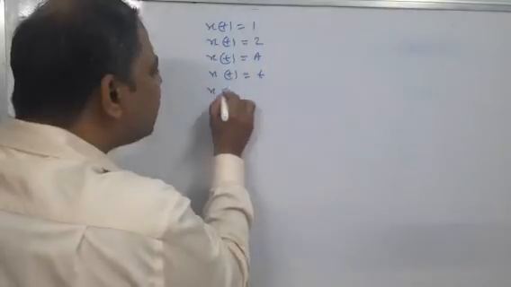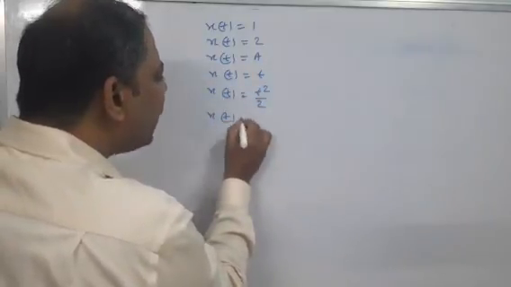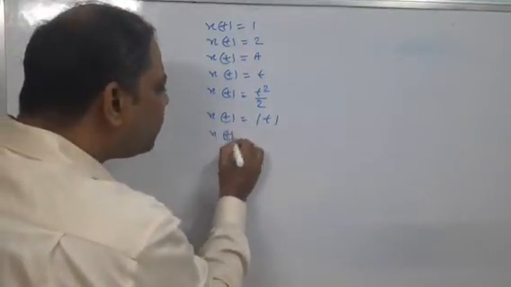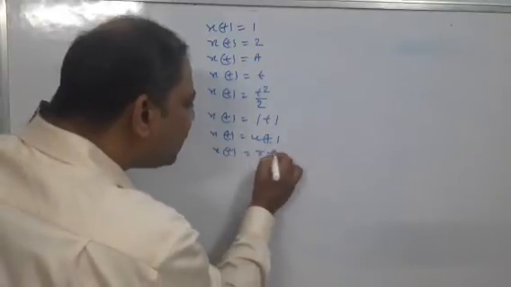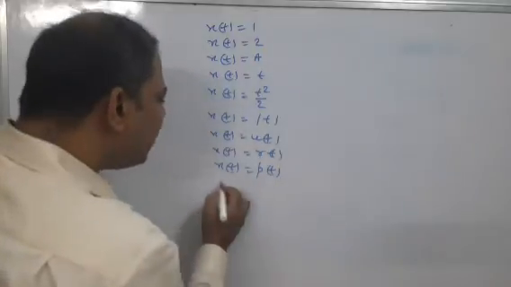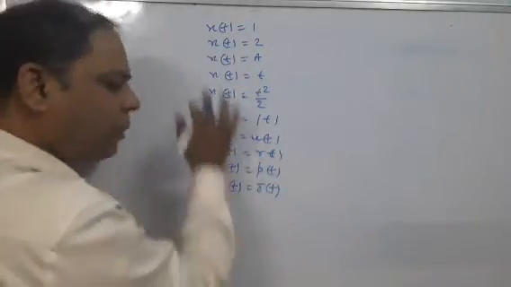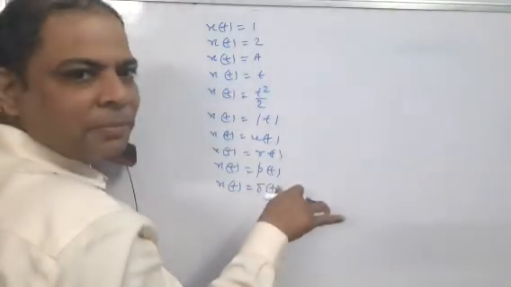Then x(t) is equal to t square by 2. Then x(t) is equal to C. I have covered already mod t. Understood? Then x(t) is equal to u(t). Then x(t) is equal to r(t). Then x(t) is equal to the parabolic function p(t). Then x(t) is equal to the impulse, also I have covered delta(t). Try to understand. I have covered all these plots, and also I have sketched them in this class.